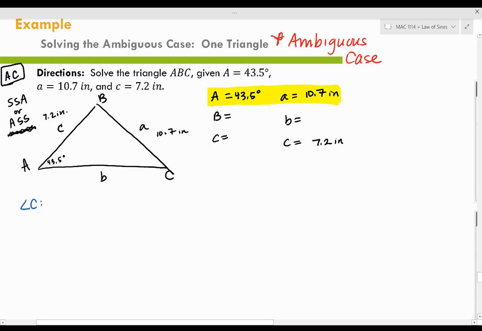If we're looking for angle C, we need the capital letters in the numerator because we want our unknowns in the numerator. So I'm going to say sine of A over little a equals sine of C over little c.